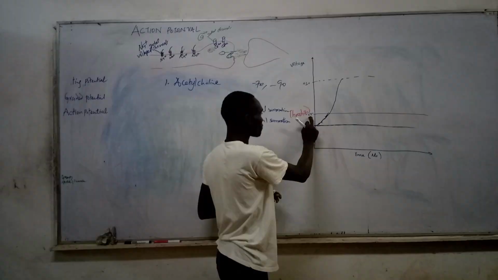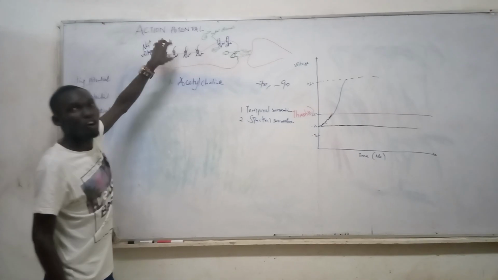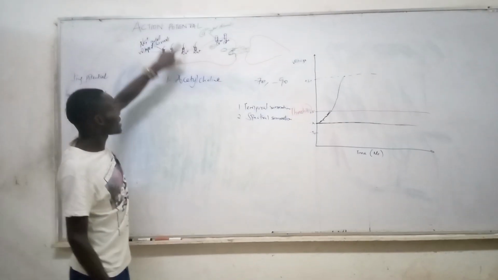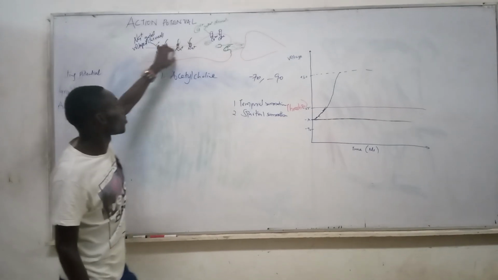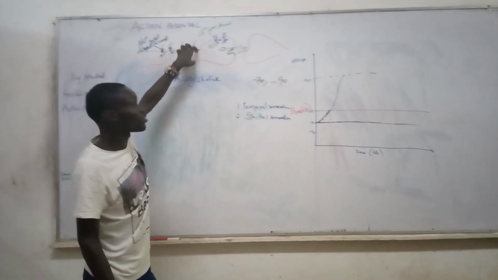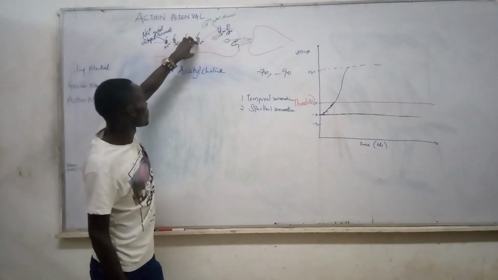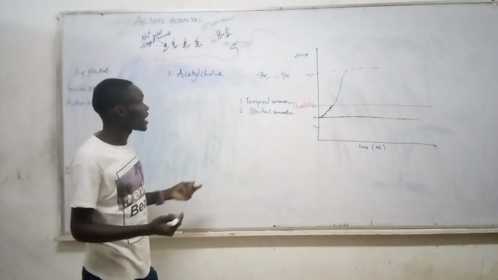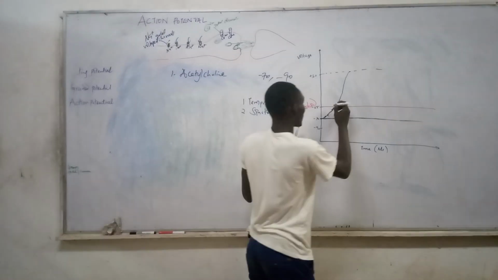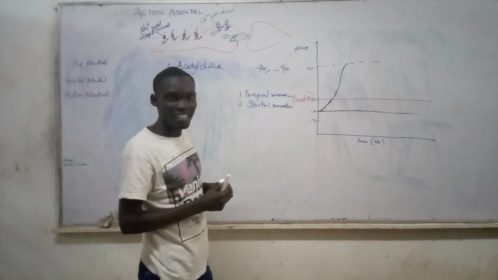When it reaches negative 55, sodium-gated ion channels open up, and more sodium ions leak into the membrane. The membrane became more positively charged, so the charge went up to positive 30.